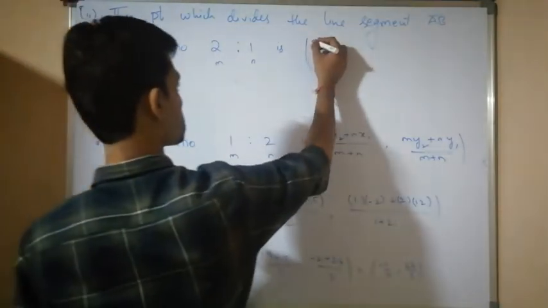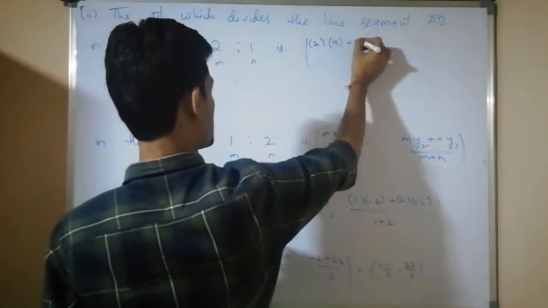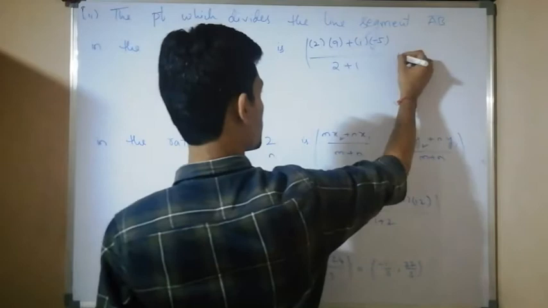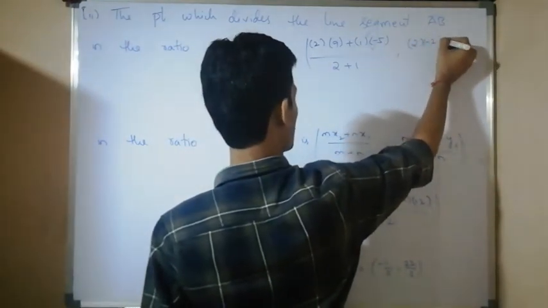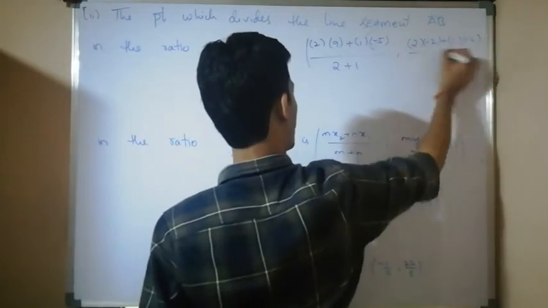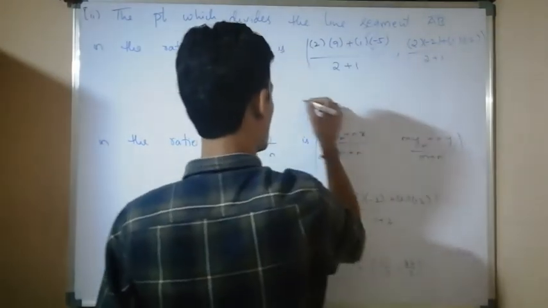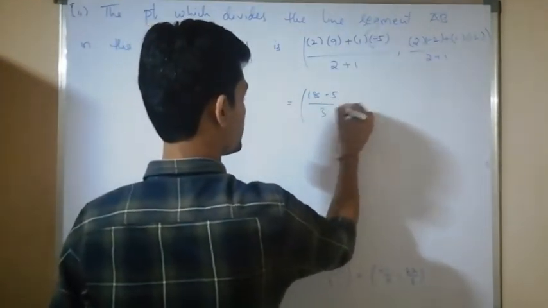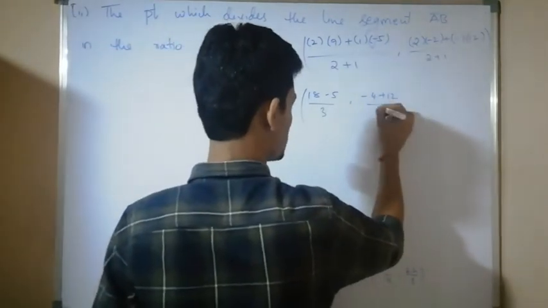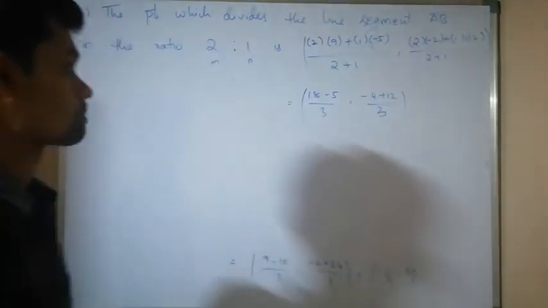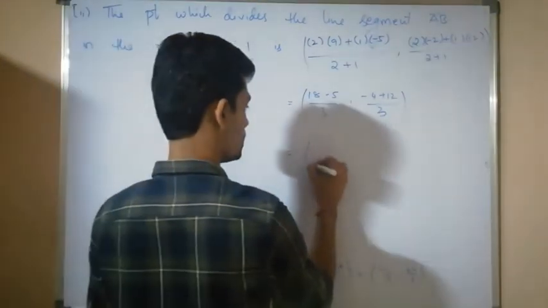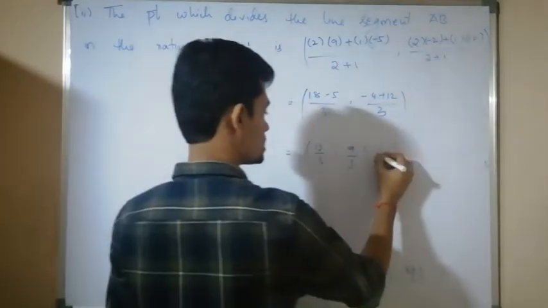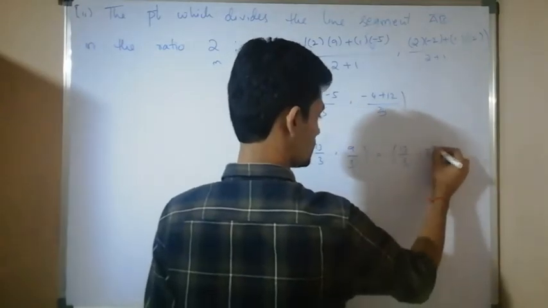So what you will get? (2 into 9 plus 1 into -5)/(2 + 1), (2 into -2 plus 1 into 12)/(2 + 1), which is equal to (18 - 5)/3, (-4 + 12)/3, which is equal to 13/3, 8/3.